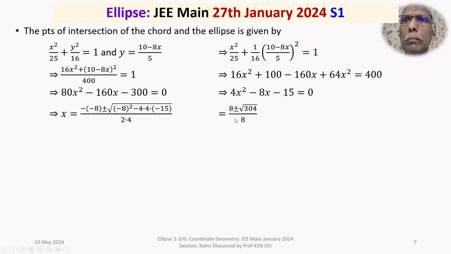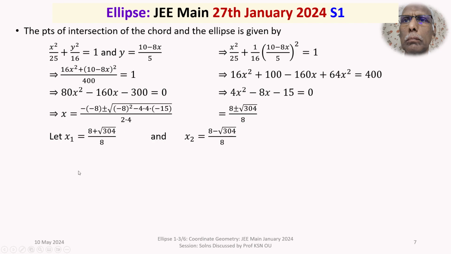So we got two values of x. One of them is x1, the other one is x2. Let x1 is equal to (8 plus square root of 304) by 8, and x2 is equal to (8 minus square root of 304) by 8. For these values, what is y1? Substitute the values of x1, x2 into y.